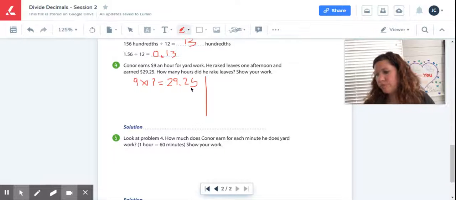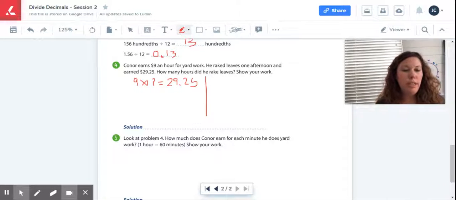Okay. So we could do it, so like 9 times 3 is close to 29, it's 27, but then we're going to have 2 left over. So I can do 9 times 3 is equal to 27.